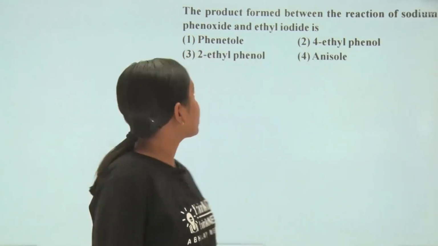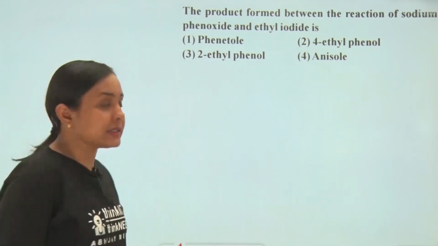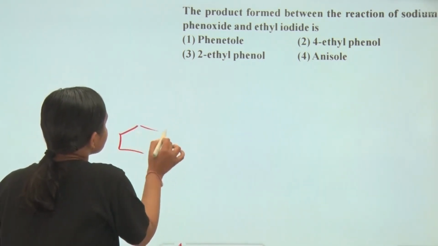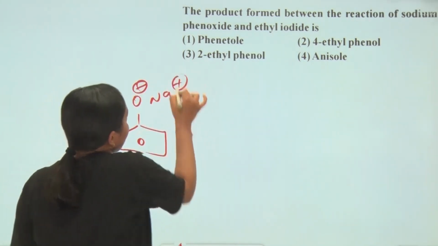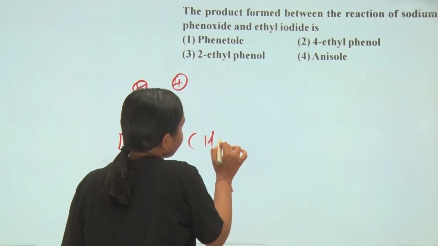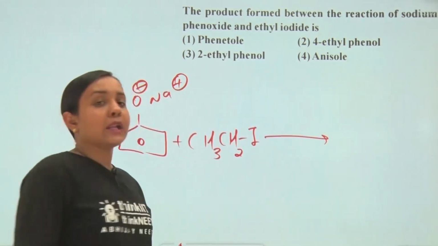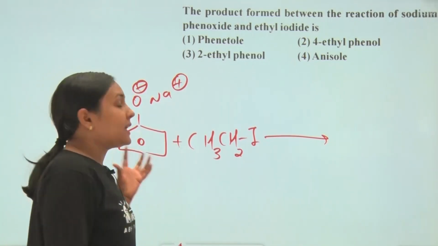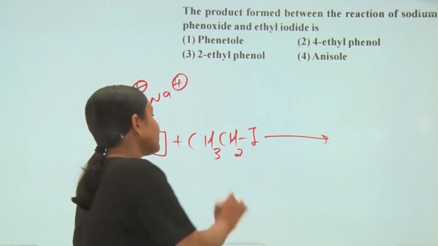Hello dear students, our next question is the product formed from the reaction of sodium phenoxide and ethyl iodide is, right? So basically here we have sodium phenoxide, O minus Na plus, and it will react with ethyl iodide. So students, basically this alkoxide ion can behave as a base as well as a nucleophile, but here we have a primary alkyl halide.